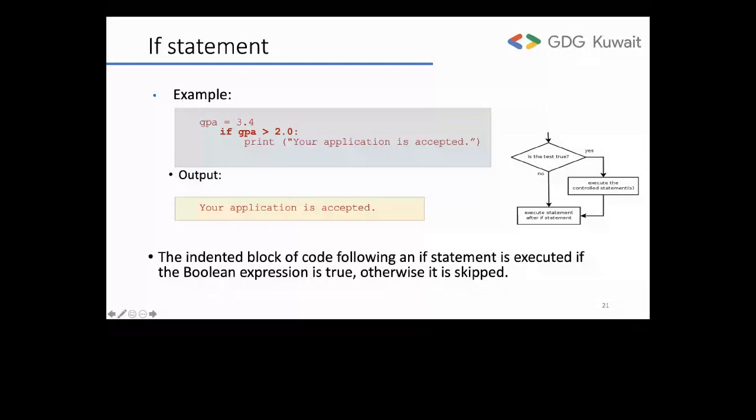If it's not, it will skip the if statement and go to the next line of the program. In this case the GPA is greater than 2.0, so that's why we get your application is accepted.